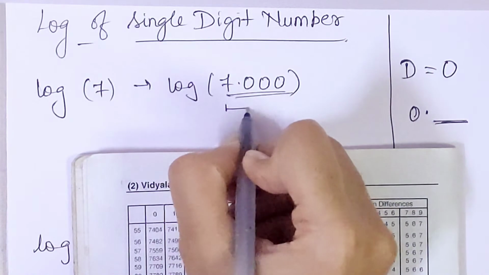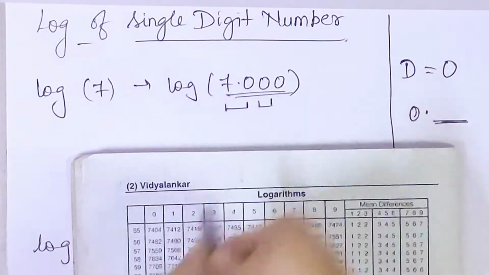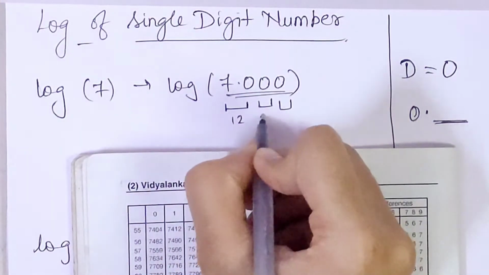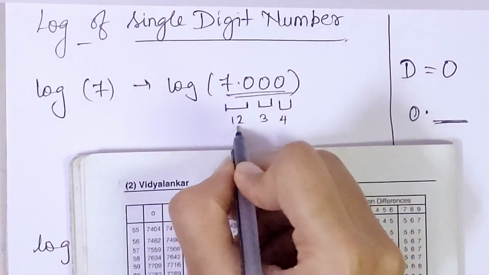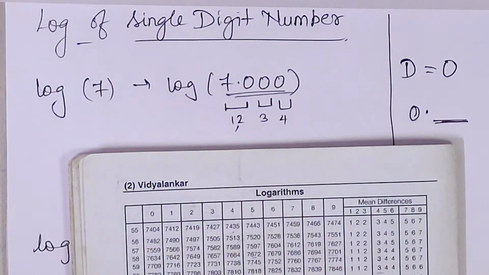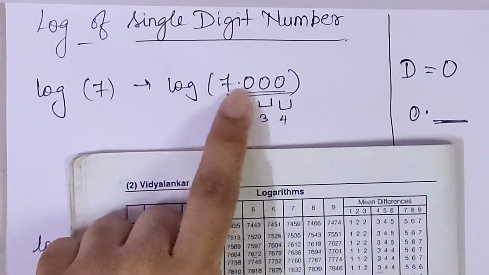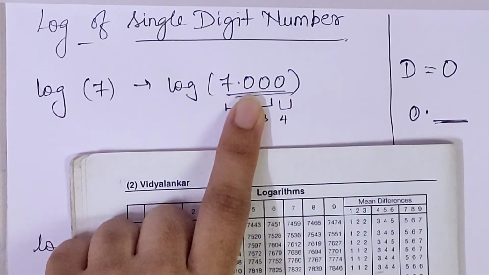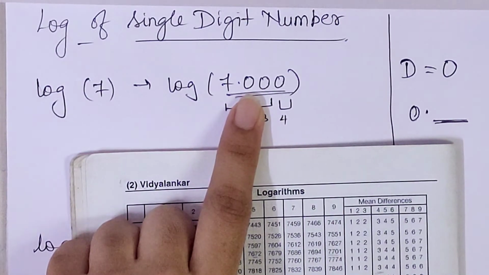We consider the first 2 digits, then the next digit and the next digit. So the first 2 digits, third digit and the fourth digit. So we work like this on the log tables, right? So for the first 2 digits, that is my 70, I will now search for 70 in my log table and not for 7. So let's search that.